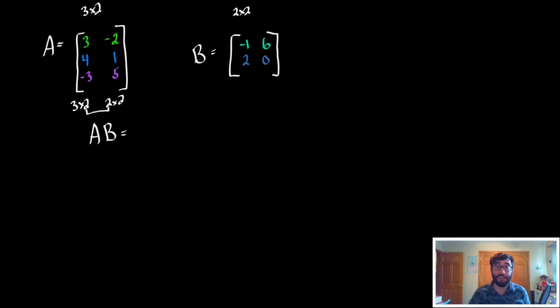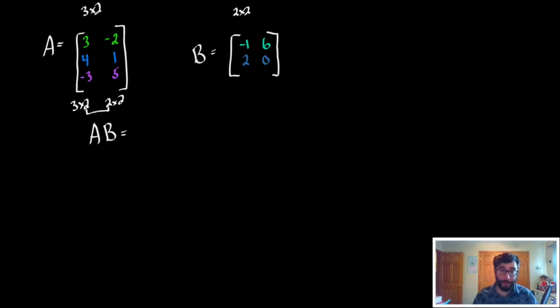That means I can multiply the matrices together, because this is the number of columns in the first matrix, and this is the number of rows in the second matrix. Super weird right now, I get it, and the way we multiply them is going to be a little weird. Totally giving you a warning.